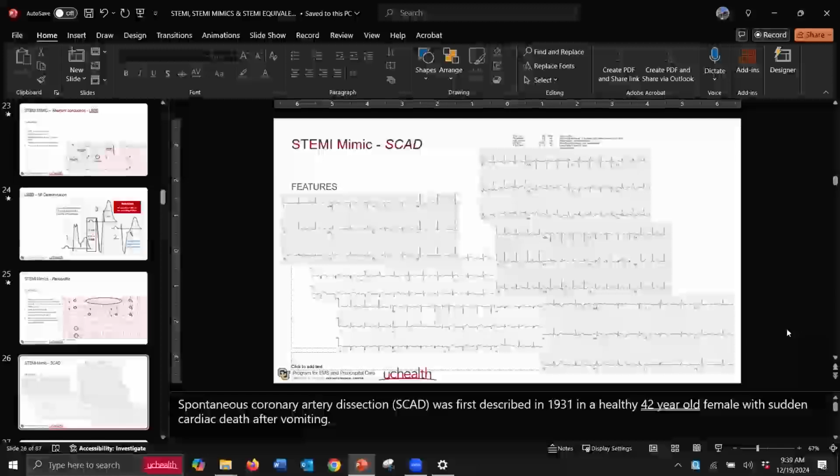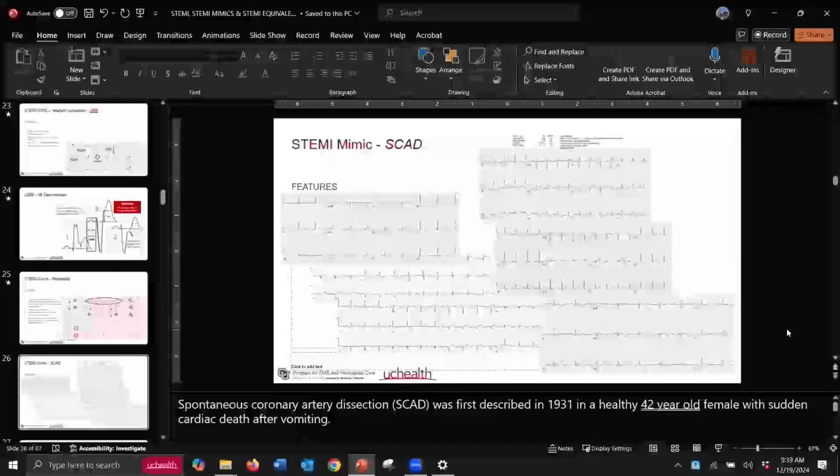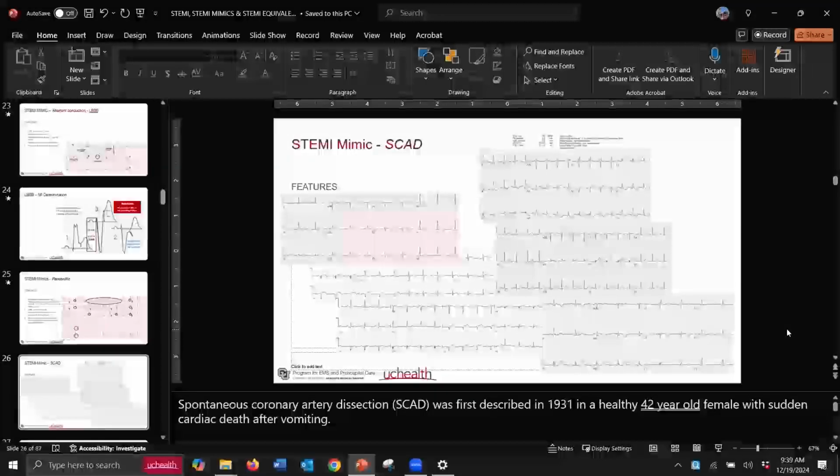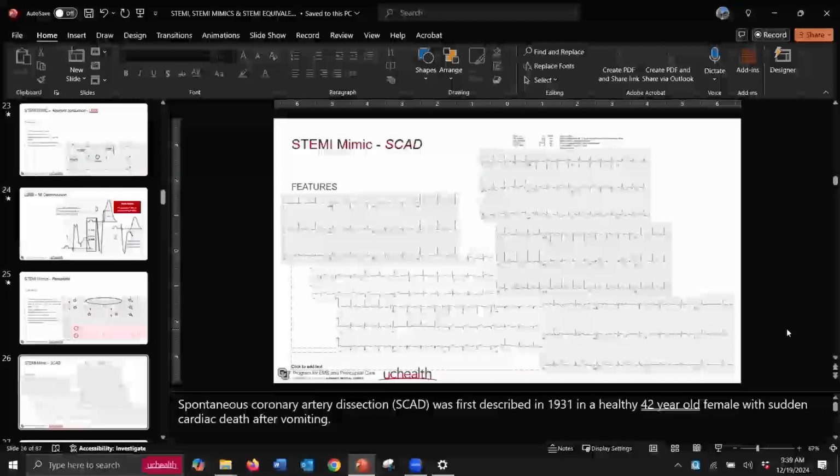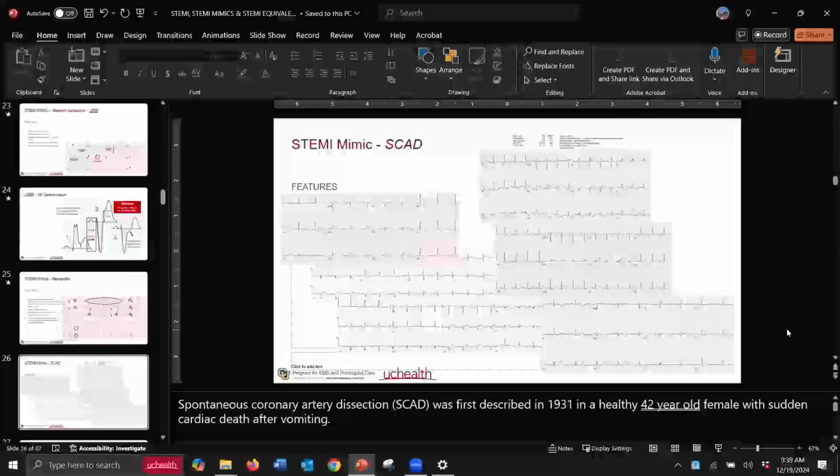This can certainly be life-threatening, right? If we've got a dissection in the coronary artery, whether it's leaking or not, we've definitely got reduced blood flow distal to that dissection. And depending upon where that dissection is, the reduced blood flow causes EKG changes.